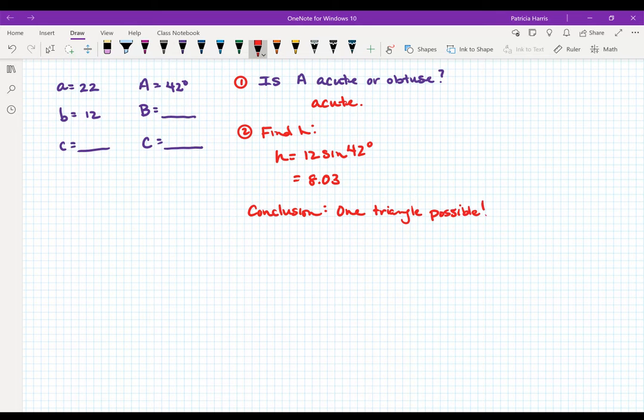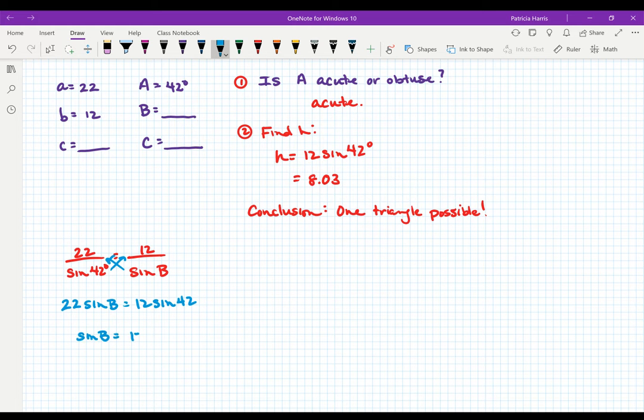Okay, so let's go ahead and find that triangle. Again, using the law of sines. For this one, you are going to have to use the sine inverse. So I have 22 over sine of A equals 12 over sine 42. So sine of B is equal to 12 sine 42 divided by 22.